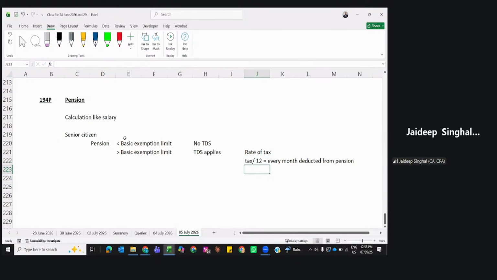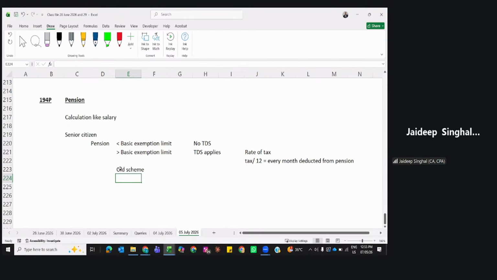Now, what is this basic exemption limit? If we are following the old scheme, what is the basic exemption limit? Lakshmi says 2,50,000. Correct, Vishakha, Harshal, Anil, wrong.